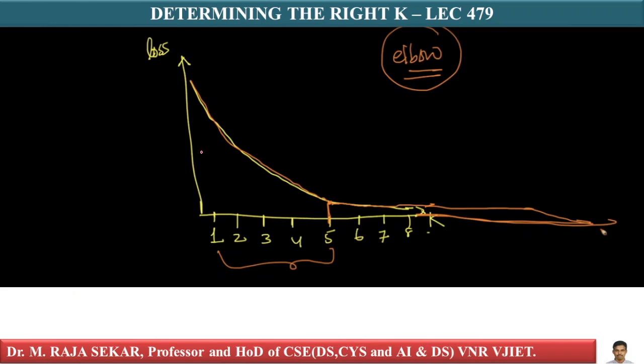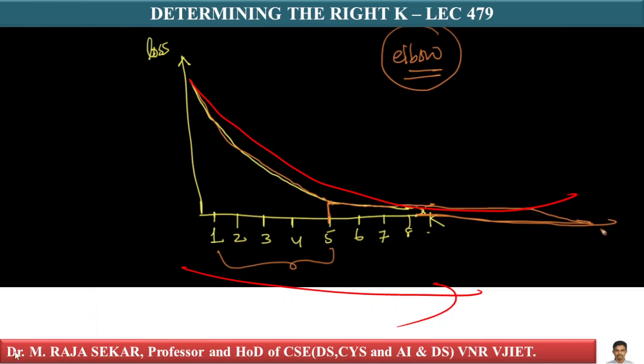This lecture is basically about determining the best k in k means. On the x-axis, you have the values of k. Initially, as k increases, the loss reduces.